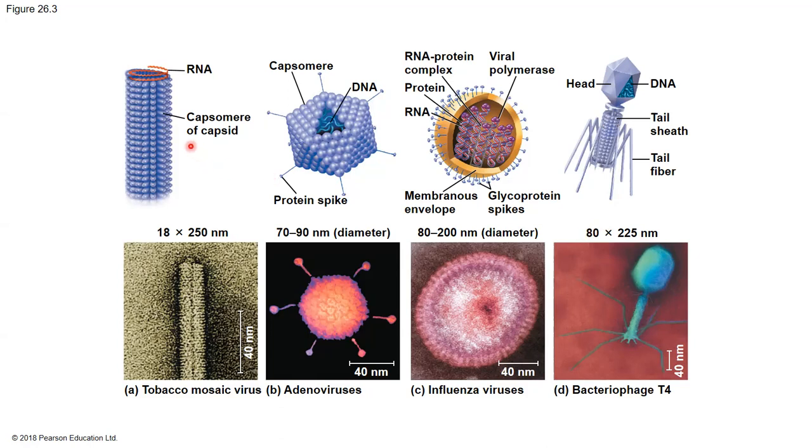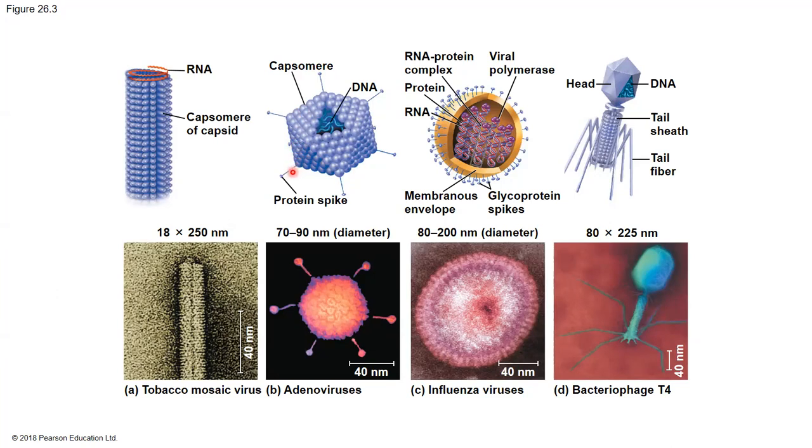And as you can see, this is the capsid shown here in the purple color, and these are basically the capsomeres. This is another shape of the capsid. So here we have a helical capsid. Here we have an icosahedral capsid, as you can see, and these small spheres are the capsomeres.